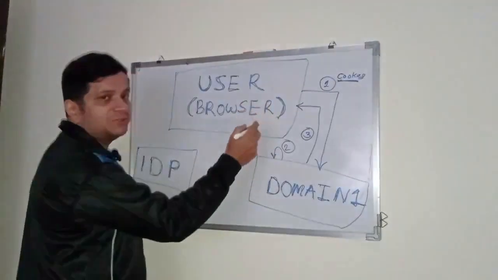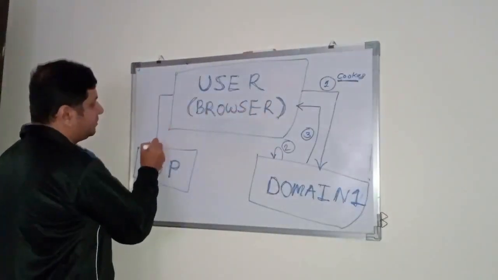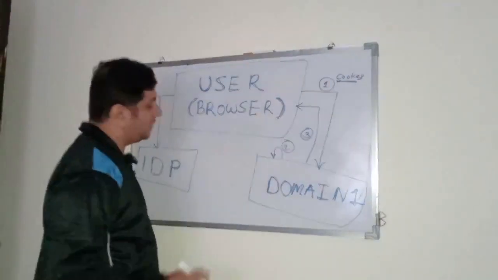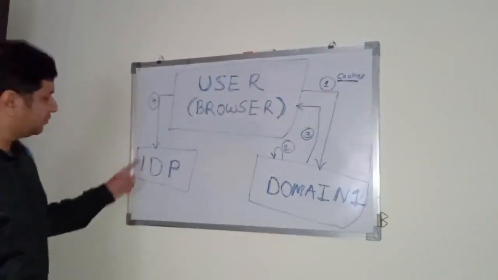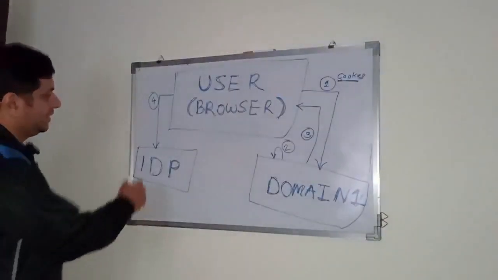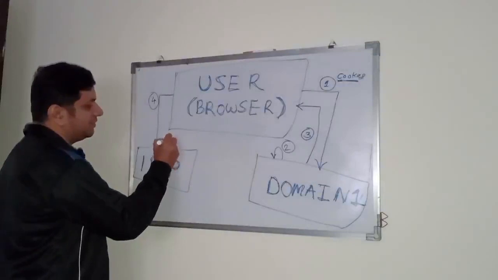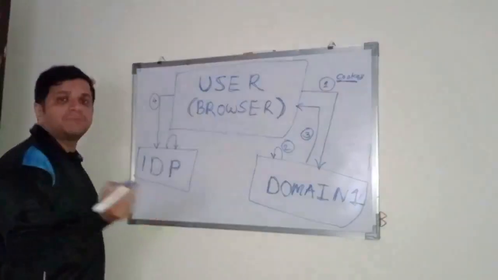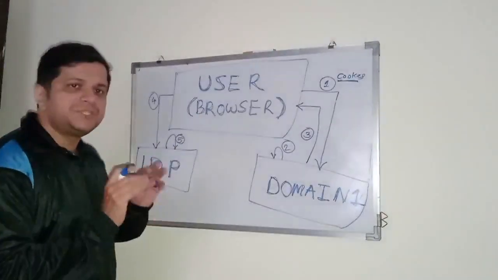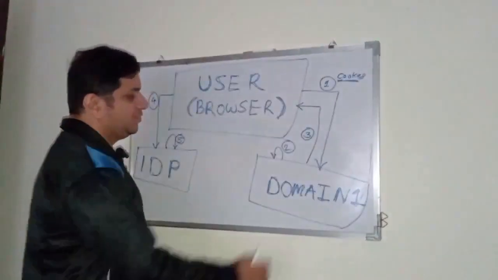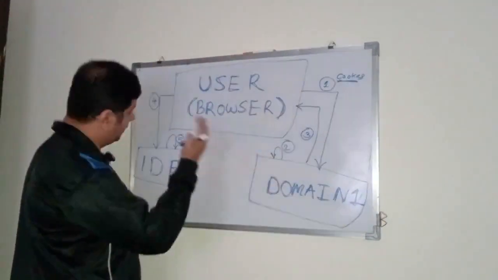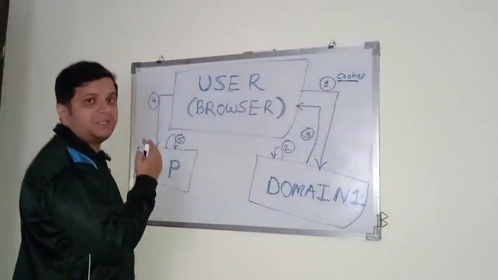So it tells the browser to redirect to the IDP. The browser follows the instructions coming from domain 1 and redirects the user to the IDP. Number 4 is redirection. In number 5, once the user is redirected, what are they presented with? The login page. So here the user authentication happens. You have been redirected from your domain, application or website to an IDP login page.